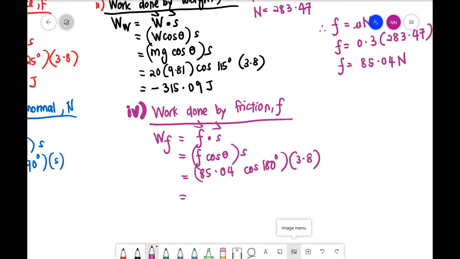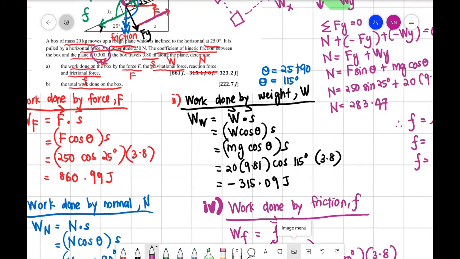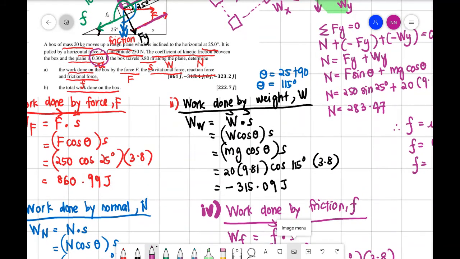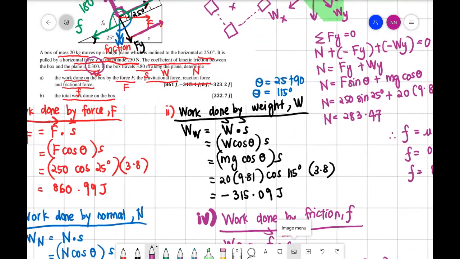So it is equal to negative 323.16 joule. So work done by friction is negative because work is done on the box to overcome the friction, which is in the opposite direction of the displacement.